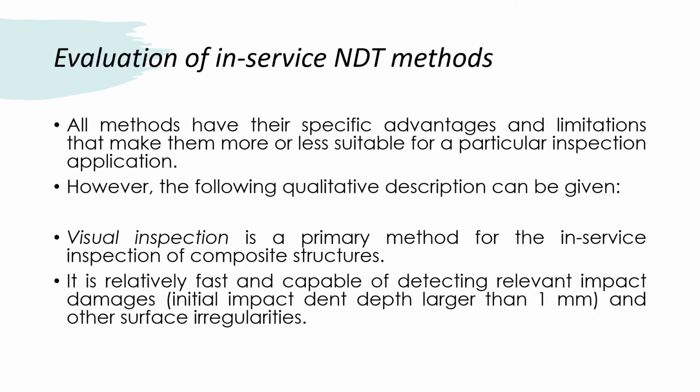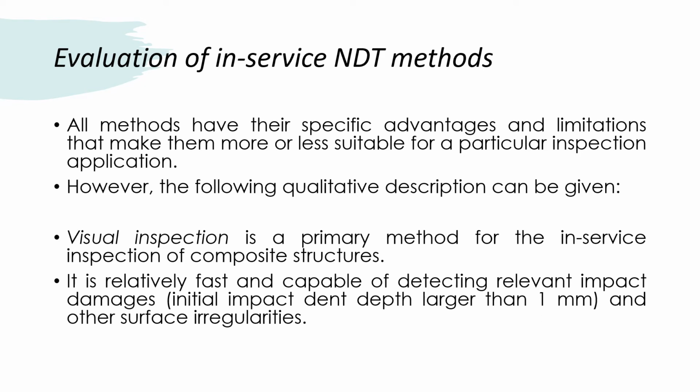Now coming to the evaluation of in-service NDT methods. All methods have their specific advantages and limitations that make them more or less suitable for a particular inspection application. However, the following quantitative description can be given.